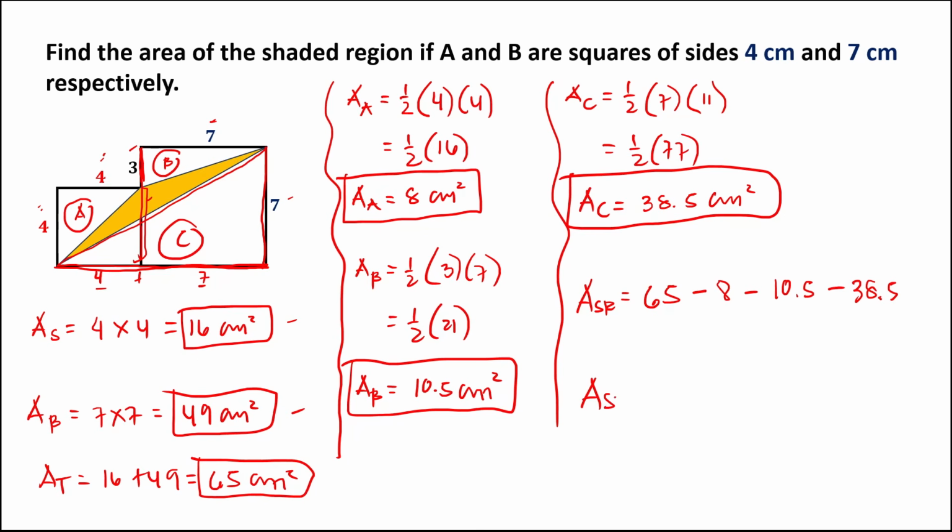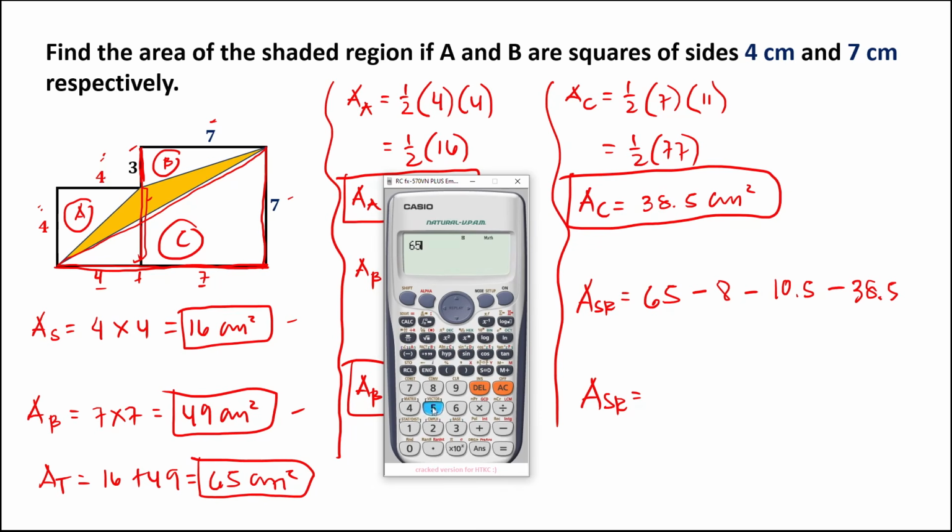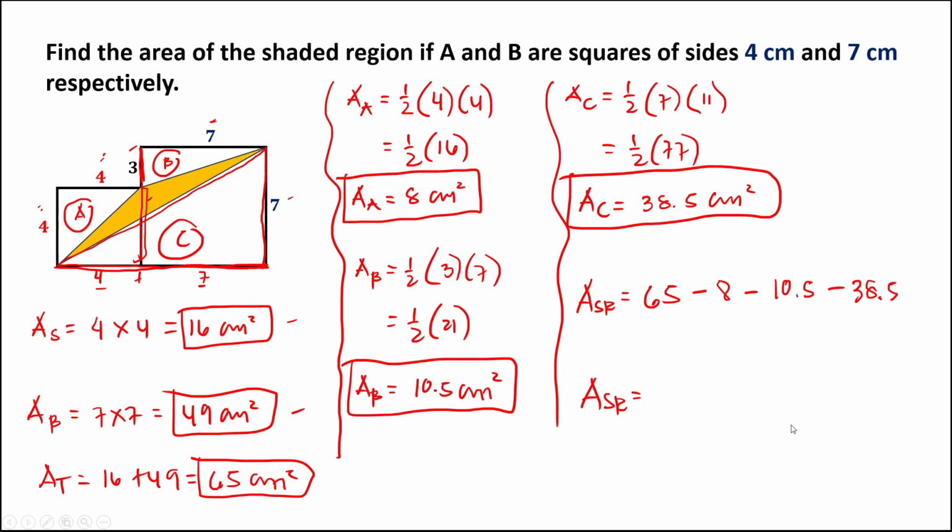So therefore, the area of the shaded region, we have 65 minus 8, then minus 10.5 minus 38.5. So that's 8 centimeters squared. So therefore the area for the shaded region is 8 centimeters squared.